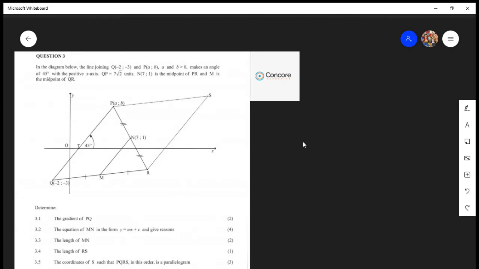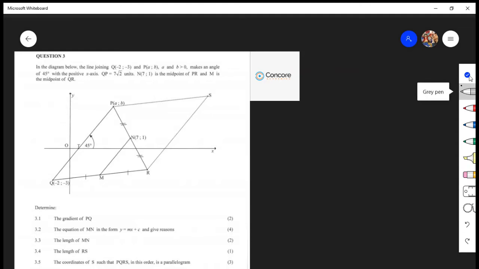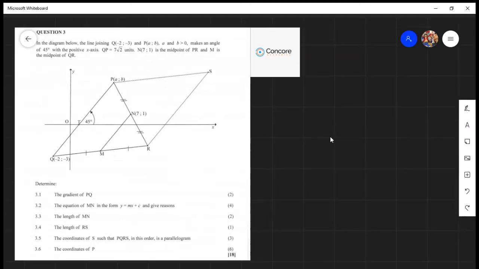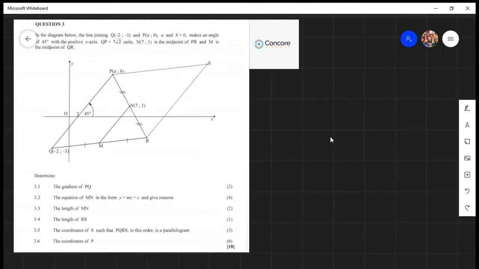Okay, so we've got the equation of line PQ and we've got the length of line PQ, right? So let's start off like this and see how it goes. Question 3.6 just wants us to calculate the coordinates of P. They want us to calculate the values of A and B.